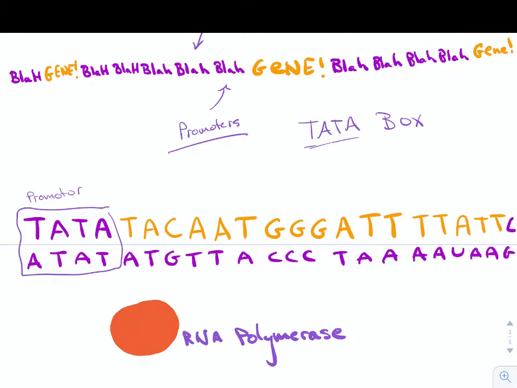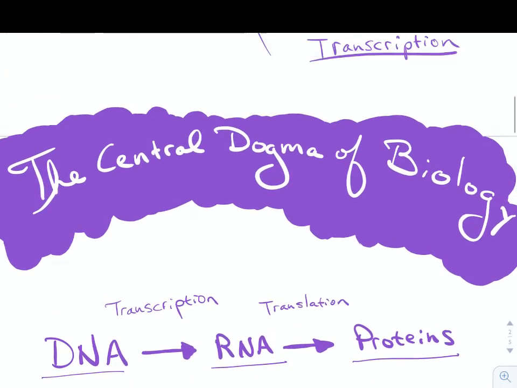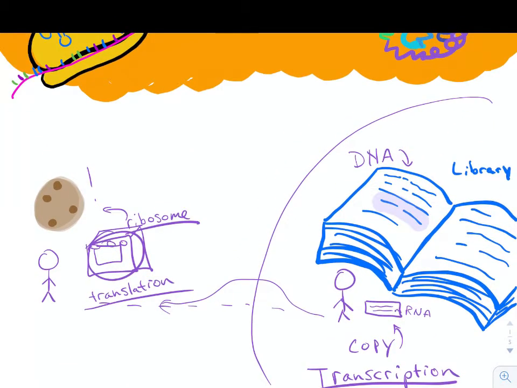In this particular case, we are building a polymer of RNA. And it's a specific type of RNA known as mRNA. So it builds mRNA or messenger RNA. And that's going to be like our little piece of paper here that can then leave the nucleus.